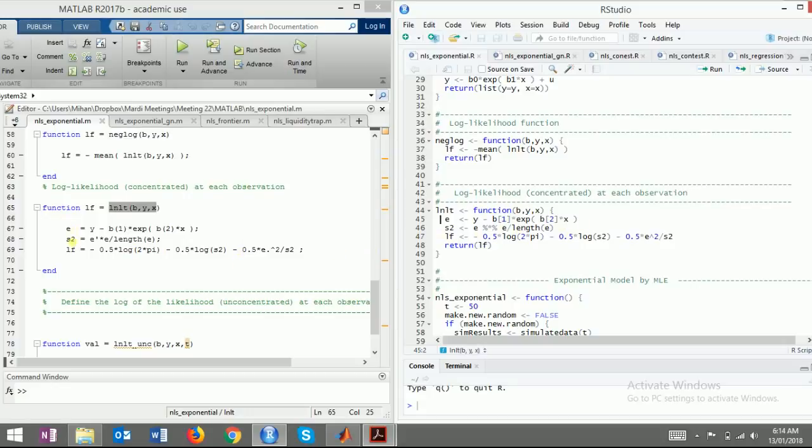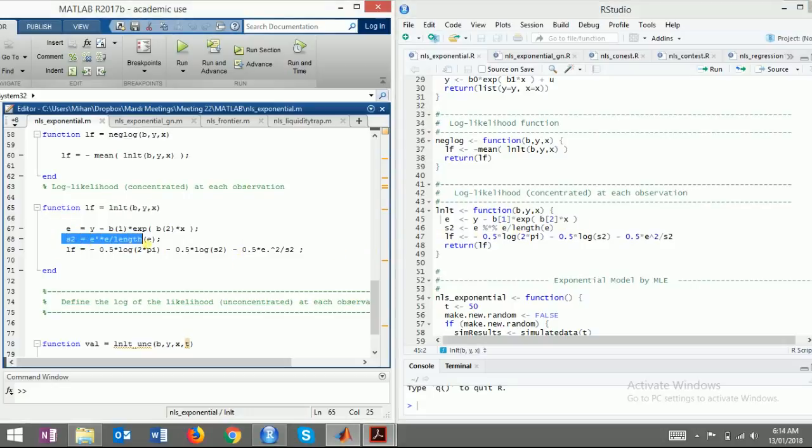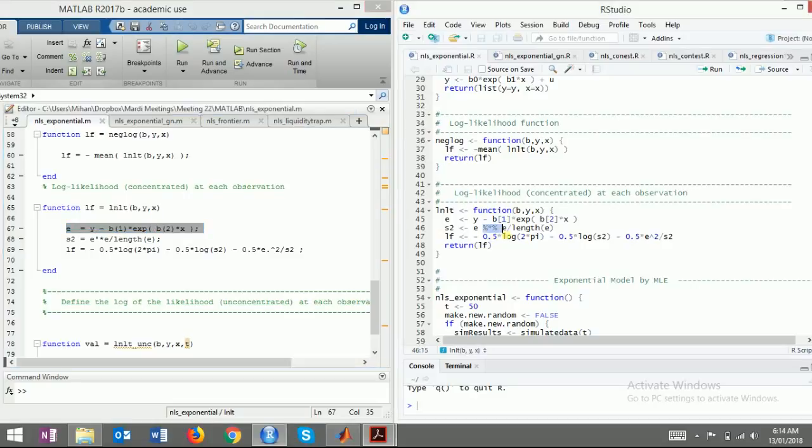Fine. This is e, and for the standard error, sigma square, we are not using the given sigma square, we are estimating our own sigma square, which is e transpose e. This is u, basically the residual. E transpose e, because they are both matrices, so the sum comes in, divided by the length of e or t.